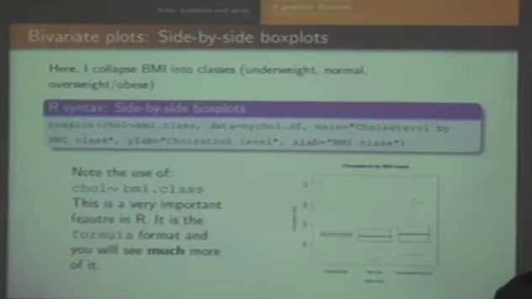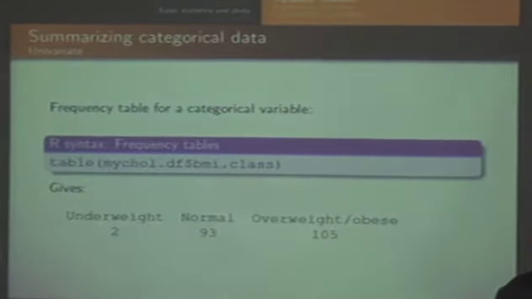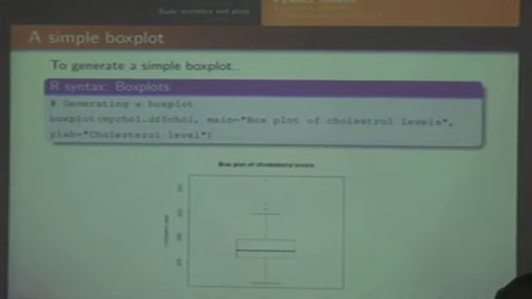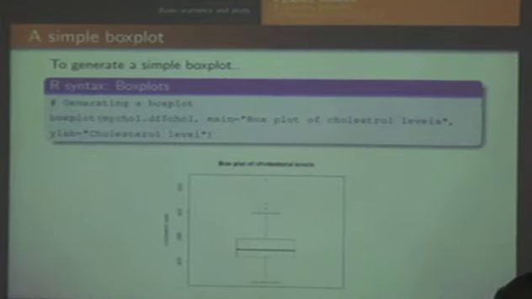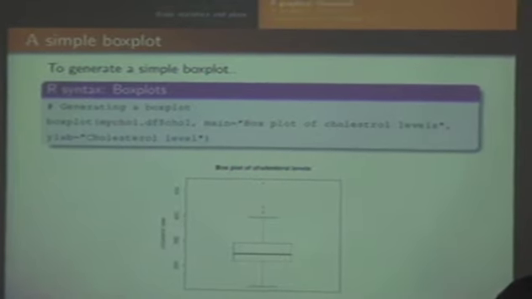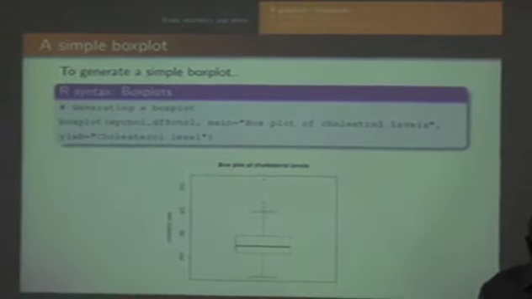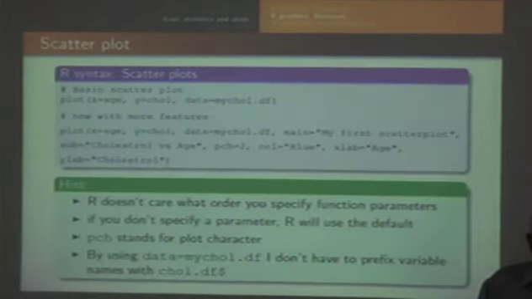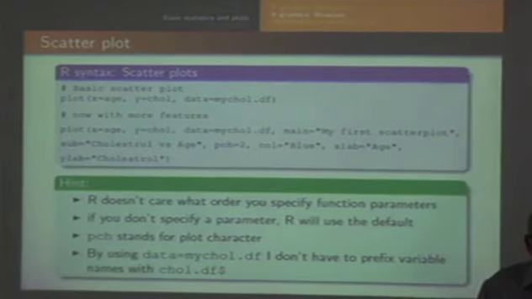But before, when I just put the data in by itself, it was expecting the data to be in the first slot. So had I written X equals, I can put it in any order. If I don't tell it what parameter it is, I have to put it in that first slot. If you don't specify a parameter, R will use the default.